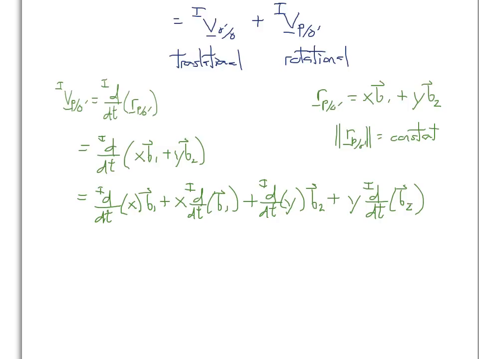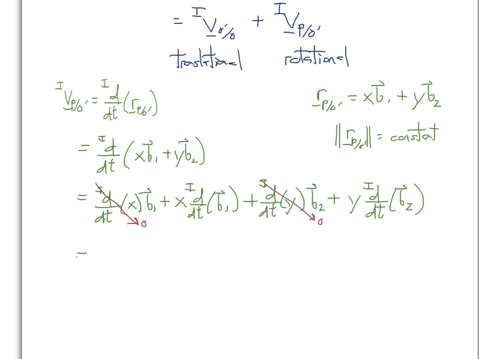Now, taking into consideration that the length of this vector never changes, that means that x and y are both constants. So if x and y are constants, then the time derivative of x is equal to 0, and the time derivative of y is equal to 0. But the time derivative of these basis vectors, as observed in the inertial reference frame, isn't 0. So we need to take the time derivative of those.